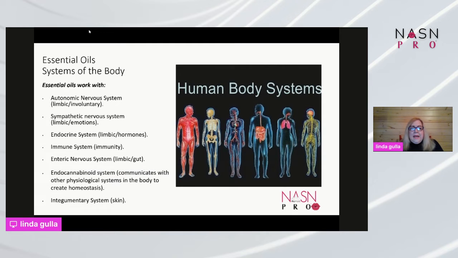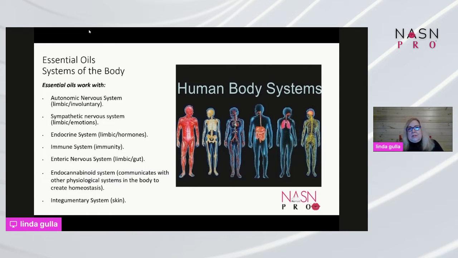The endocannabinoid system, which communicates with other physiological systems in the body to create homeostasis, as well as the integumentary system, which is the skin. So in future training sessions, we can discuss more of the enteric nervous system, which is really big science right now as far as dealing with skin disease and other disease states.